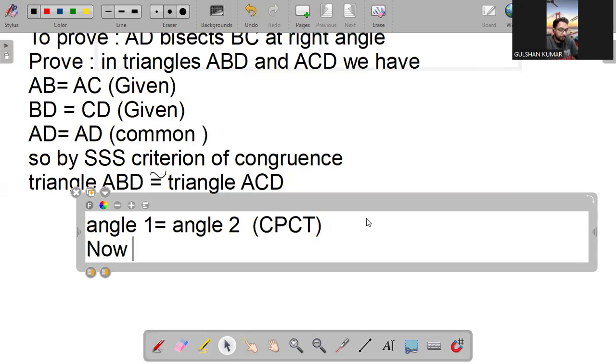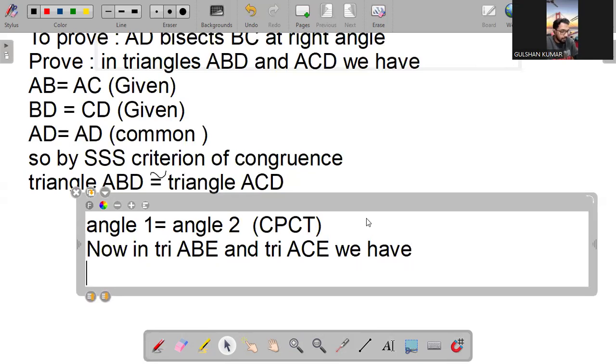Now in triangle ABE and triangle ACE, what do we have? AB equals AC, that is given because of the isosceles triangle.